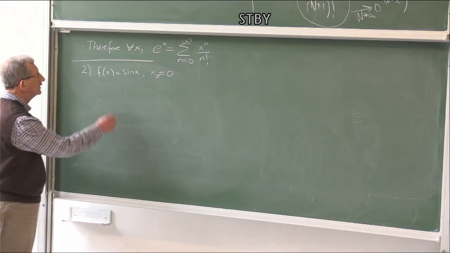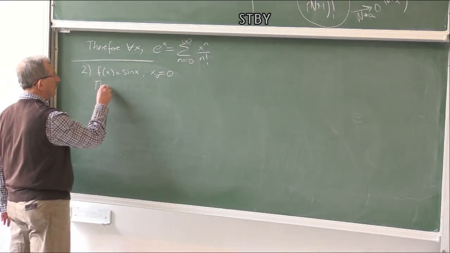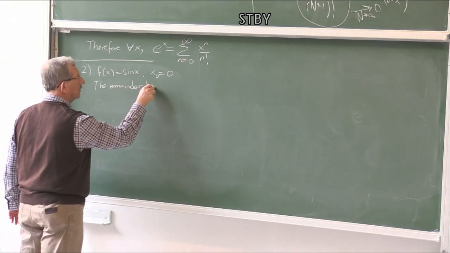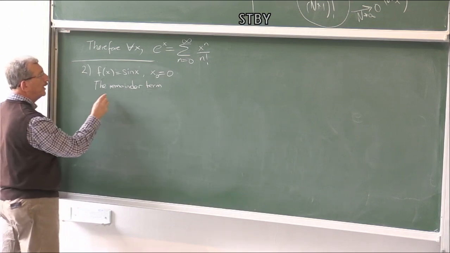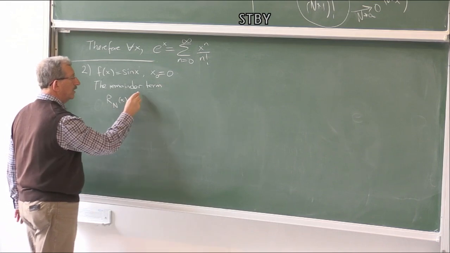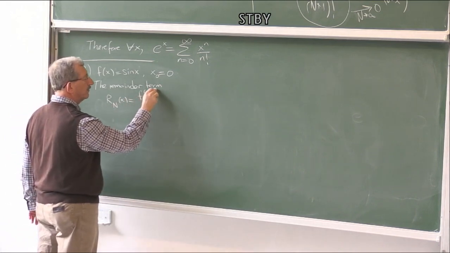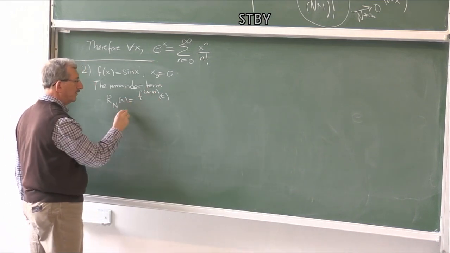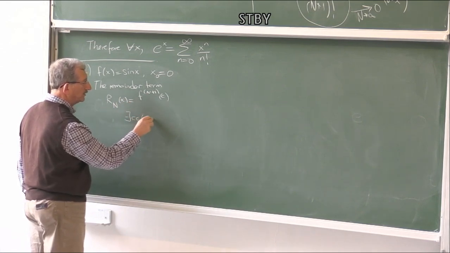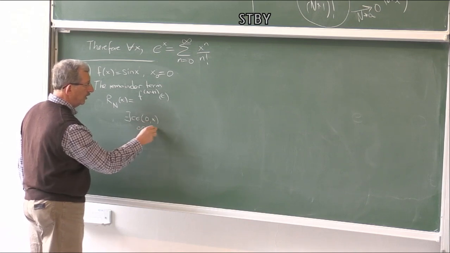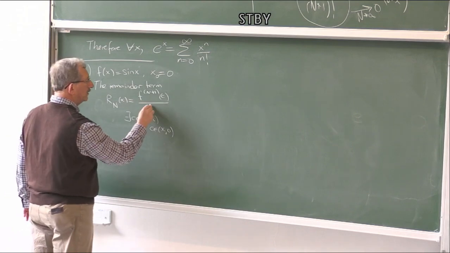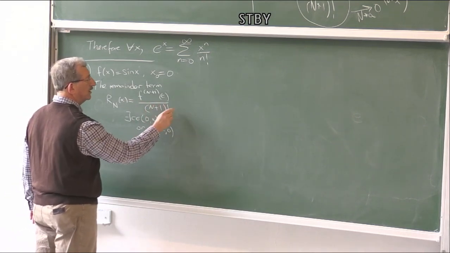In this case, the remainder term would be the n plus first derivative at c, because there is a c between 0 and x, or x and 0. And we have this equality by Taylor's theorem.